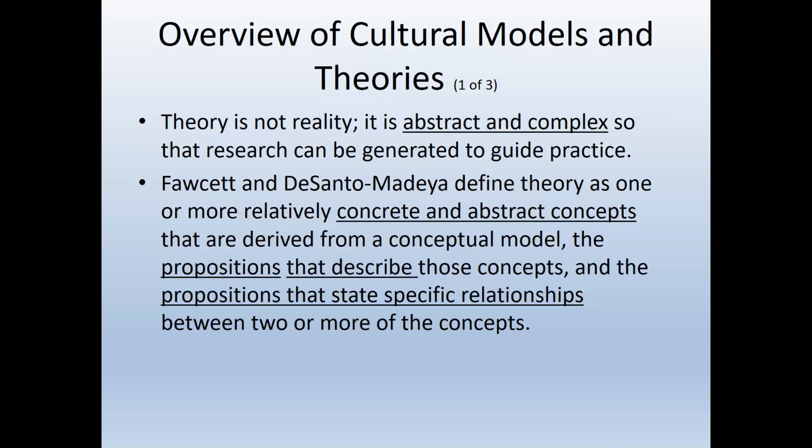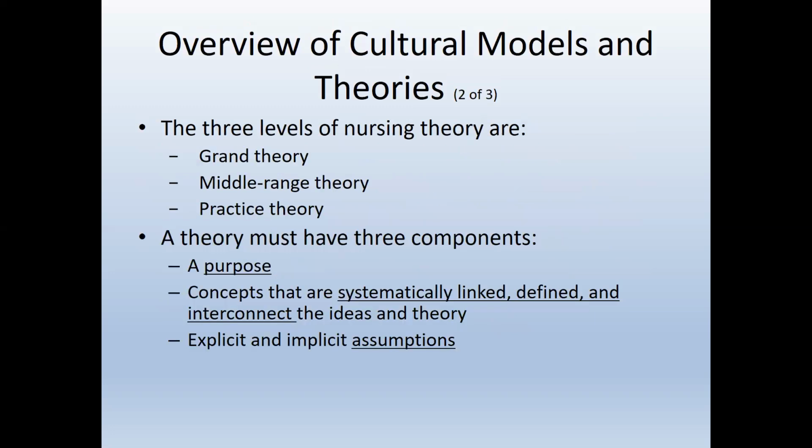And then there are propositions that describe those concepts themselves, either defining them alone or the relationships between 2 or more of the concepts. And these are the components that I hope you're learning to become more fluent in as we look at various theories in research articles to annotate each week.